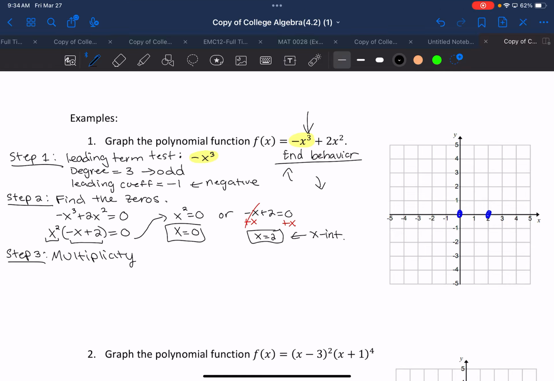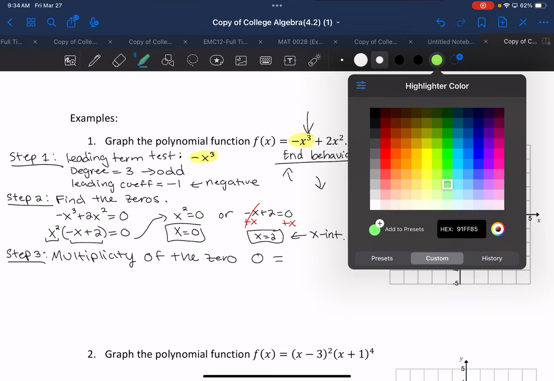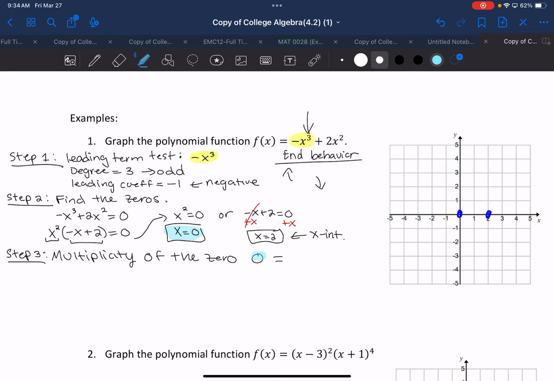I'll follow through. What is the multiplicity of the 0, 0, which is this 0 here, our x-intercept? That's the first 0 we found.